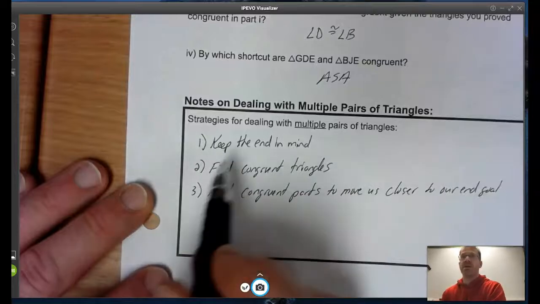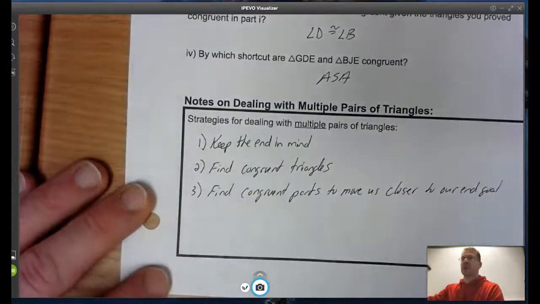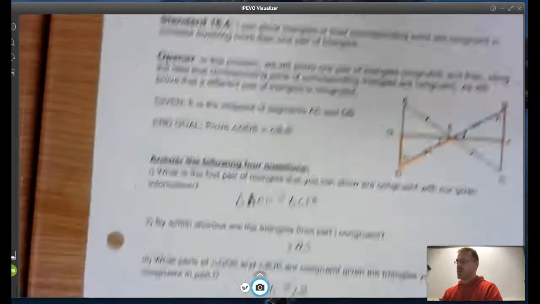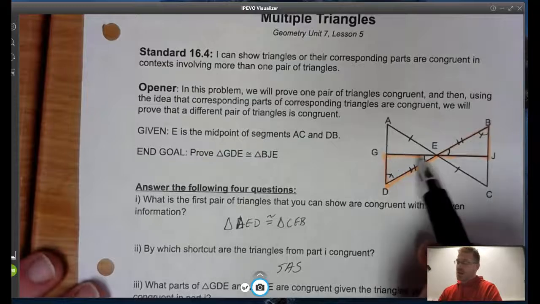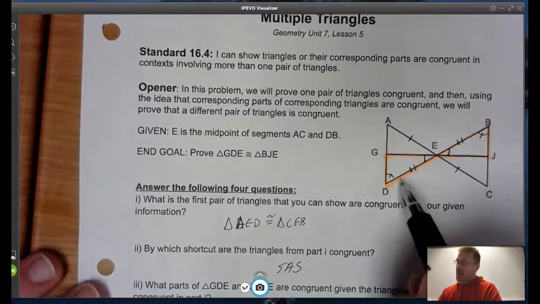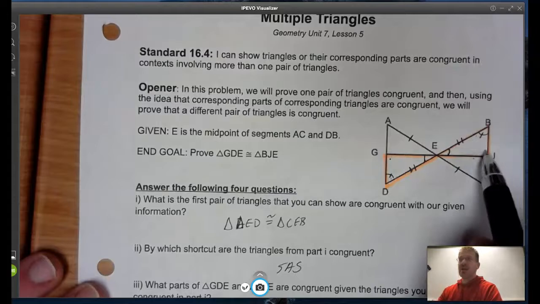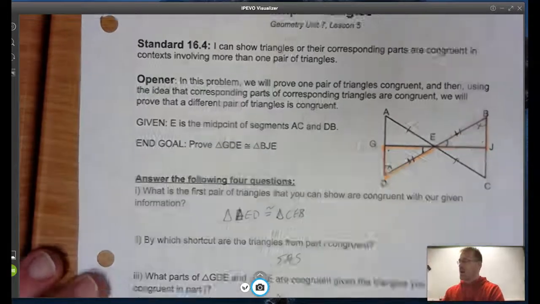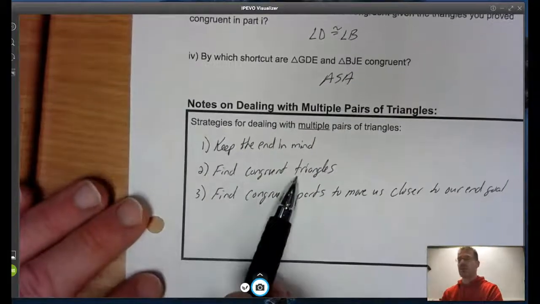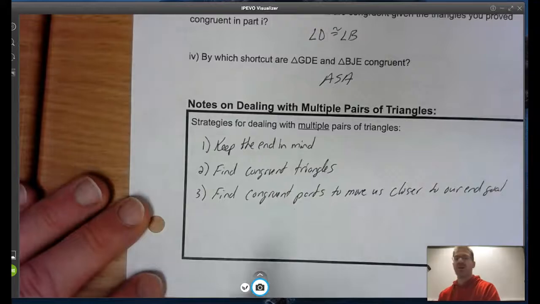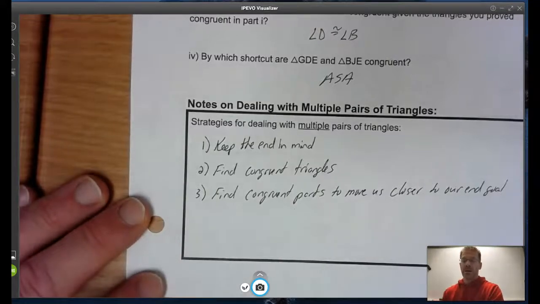That's one of the things I'm always keeping in mind. What pieces of a triangle do I need? When I looked at this triangle, I needed maybe GE or EJ, or I needed angle D and angle B, or maybe I needed angle DGE and angle EJB. So I'm keeping those things in mind, and once I find some congruent triangles, I want to find the congruent parts that move me closer to that end goal.